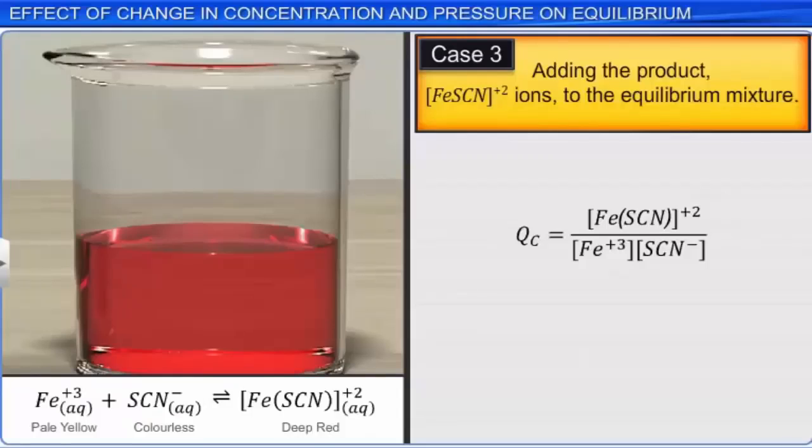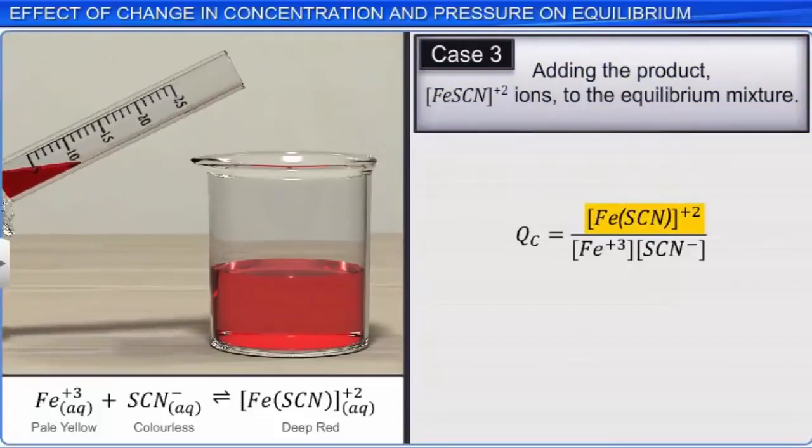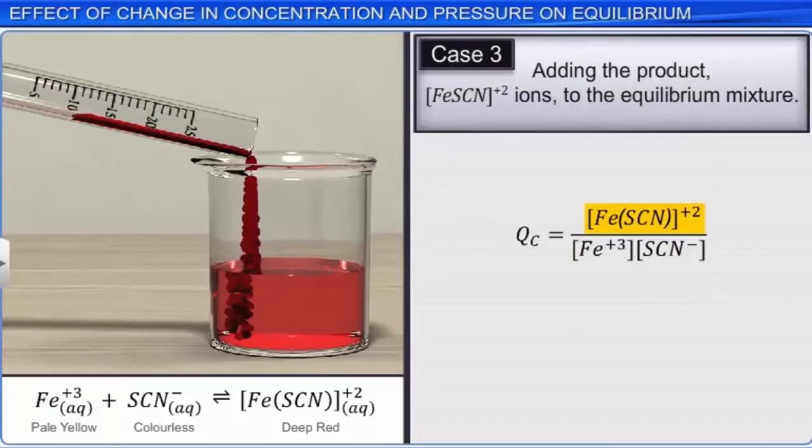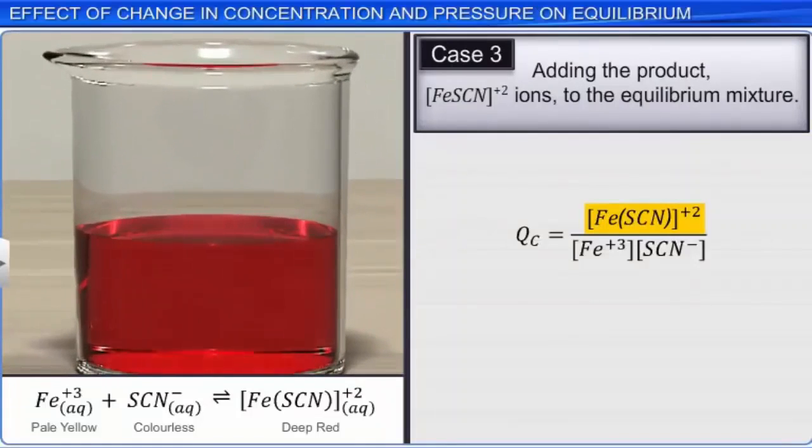Case 3. Adding the product FeSCN²⁺ complex ions to the equilibrium mixture. On adding FeSCN²⁺ complex ions to the reaction mixture, the value of the numerator increases in the expression for the reaction quotient.